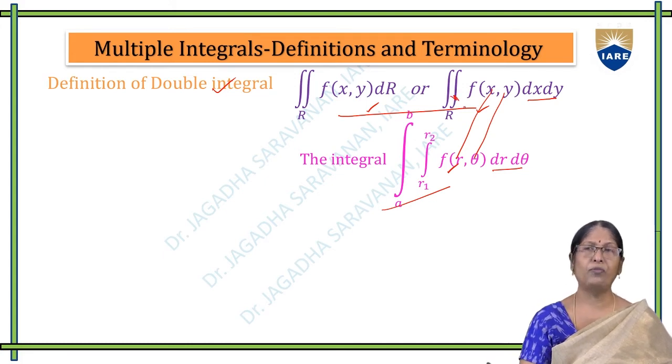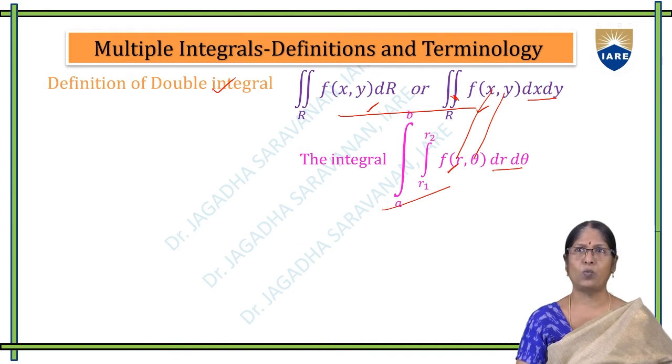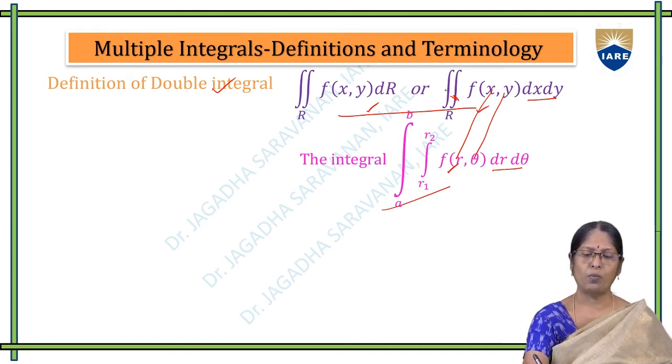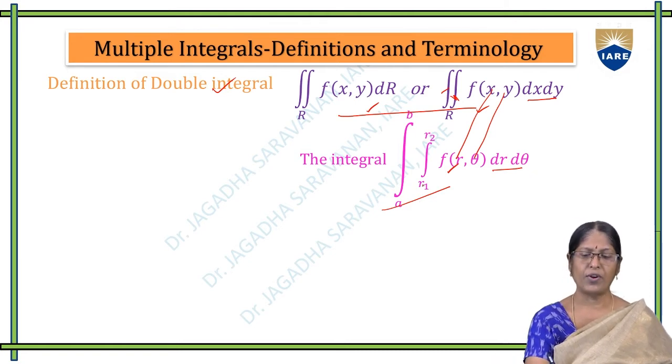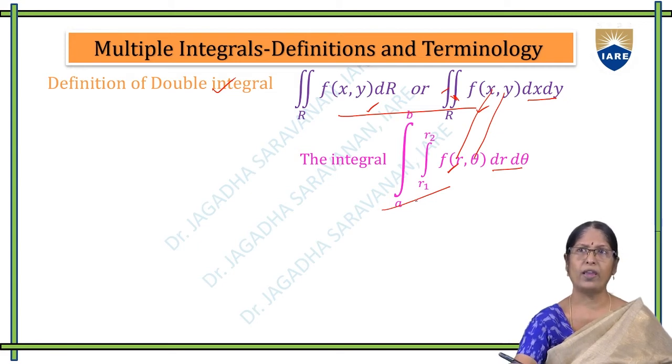Suppose we are allocating the interior one as y and the outermost as x, from lower limit to upper limit; here it is radius. Comparing Cartesian and polar form, the variables play different roles and occupy different positions.